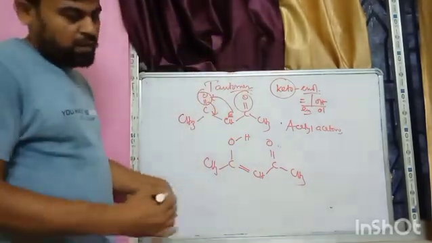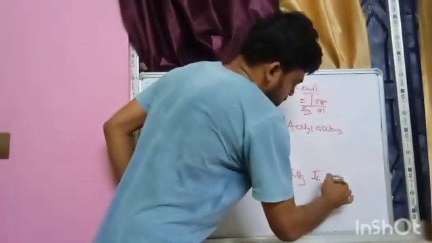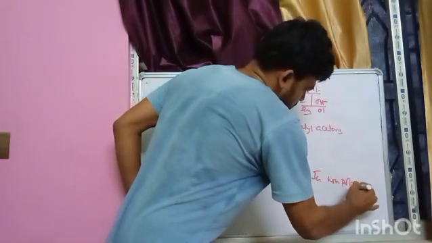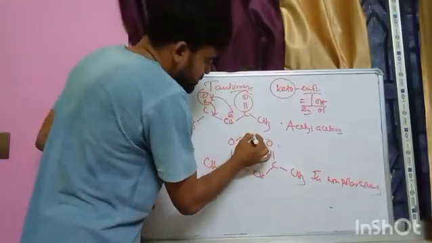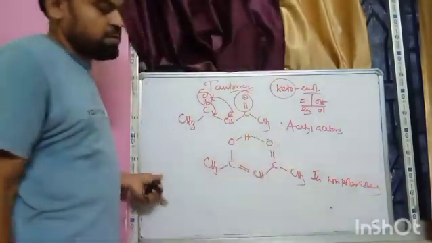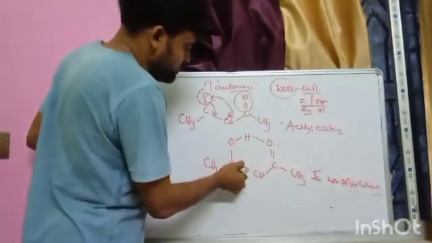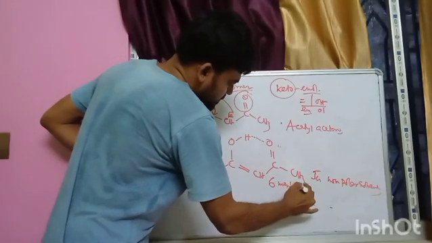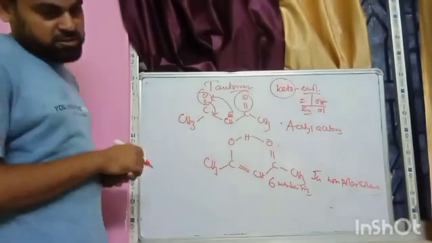This enol form is highly stable in any type of non-polar solvent, and it forms a hydrogen bond, which creates its stability. It is 1 2 3 4 5 6, a six-member ring. Due to formation of this six-member ring, it is highly stable.